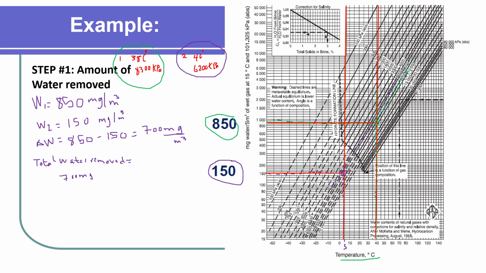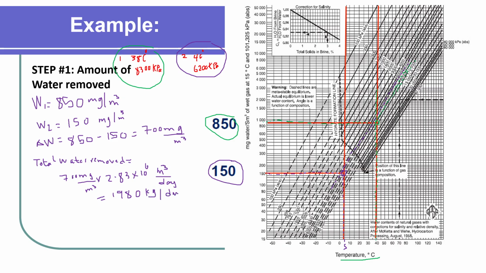milligram per meter cube of the gas, multiplied by the total amount of gas processed, which is 2.83 times 10 to the power 6 meter cube per day, which is equal to approximately 1980 kilogram of water per day.